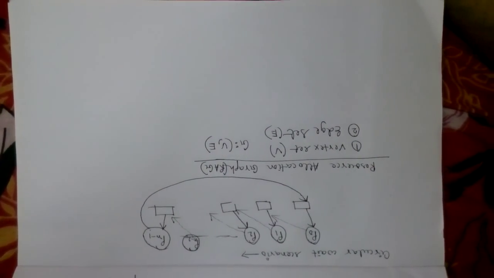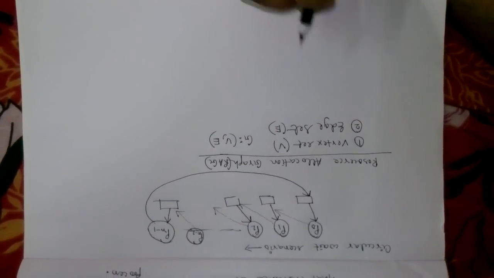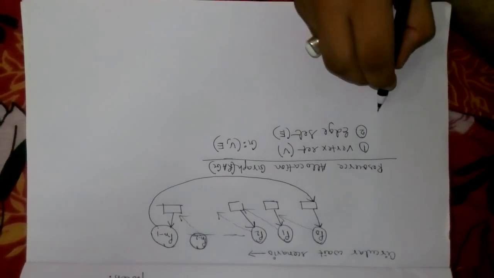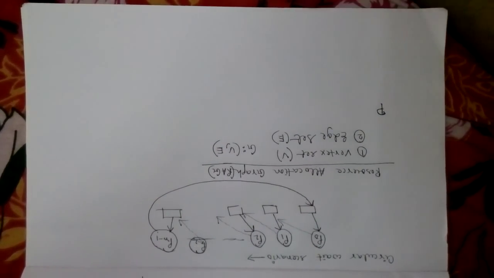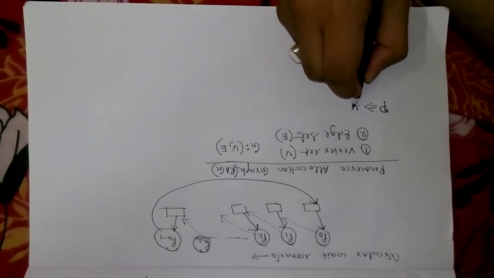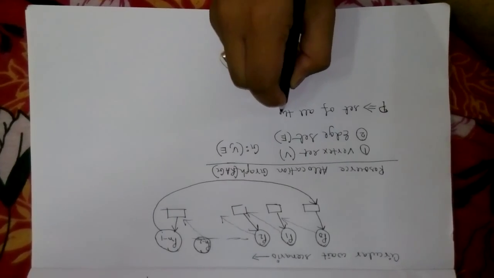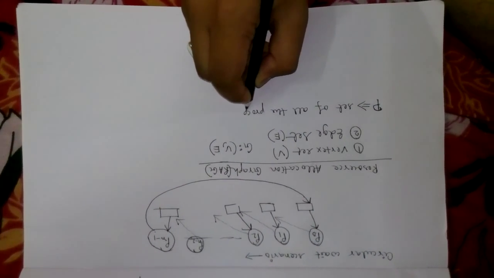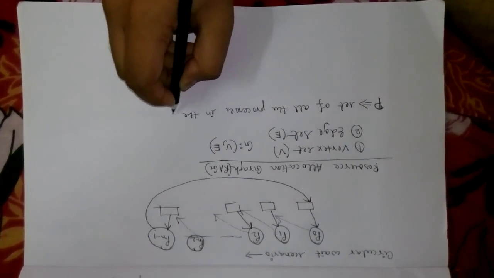This everyone of us knows. Now let us consider a particular term called P. What does this letter P stand for? It tells the set of all the processes in the system.